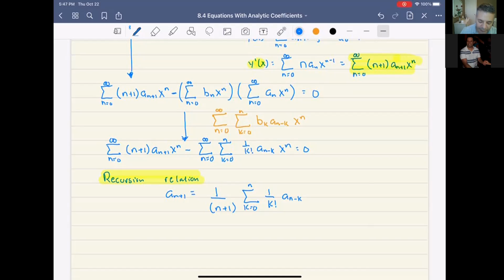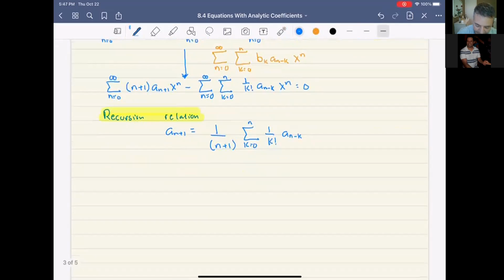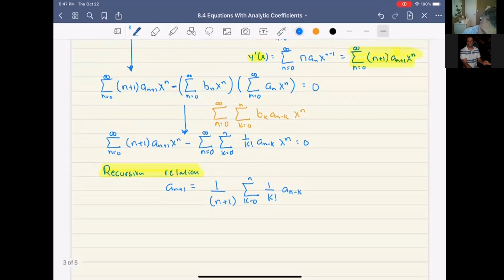All right, because remember, when we do the recursion relation, all we're doing is we're taking the coefficients of x to the n, which should all equal 0. So that's setting this plus this piece all equal to 0, and that leaves us with this. Now let's go ahead and calculate a couple of these. So a sub 0 is 1.